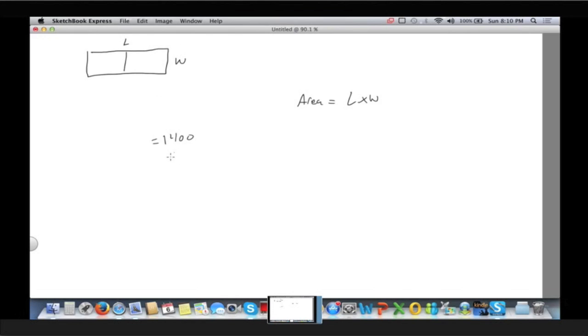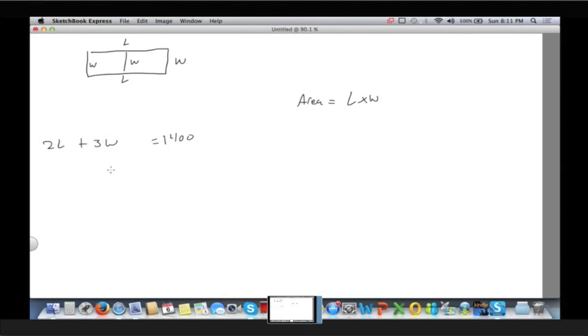Okay. So there's our length, there's our width, and this is W, that's W, that's L. So this is length times width, and then we're trying to maximize the total area of the enclosure. Okay. 2L plus 3W. 1, 2, 3.